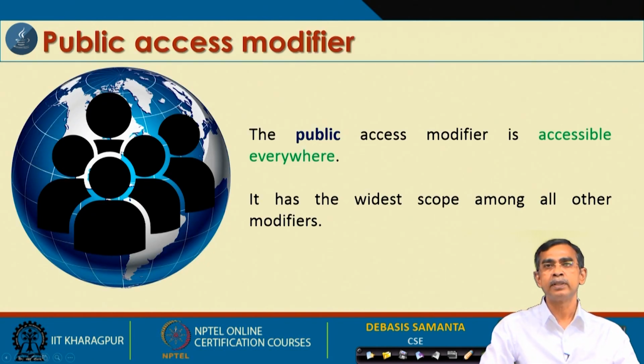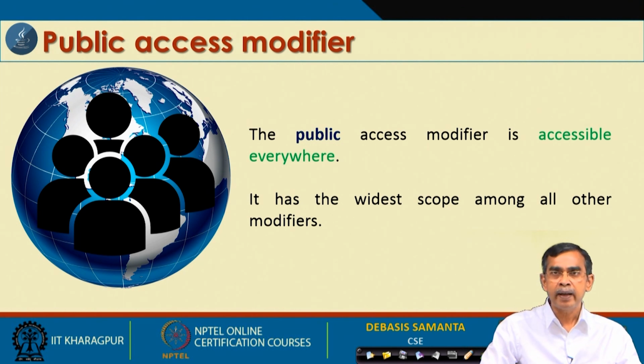Now, let us discuss another modifier. It is called the public access modifier. So far as strictness is concerned, public is a very weak access specification.